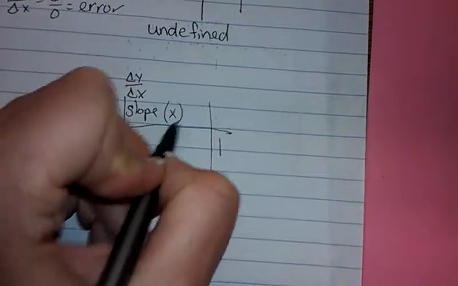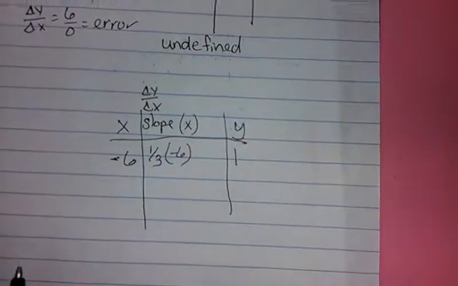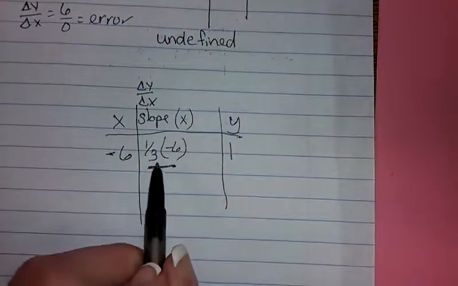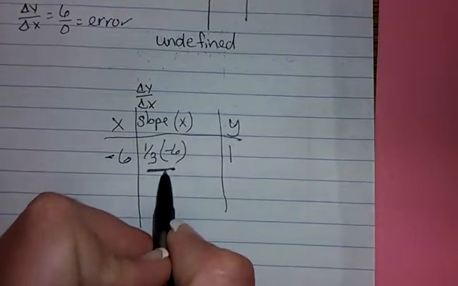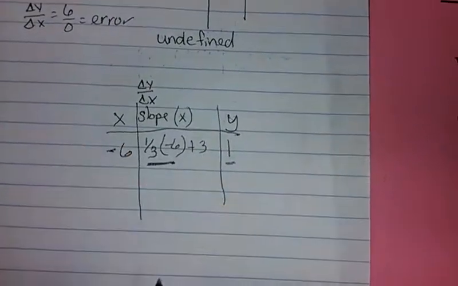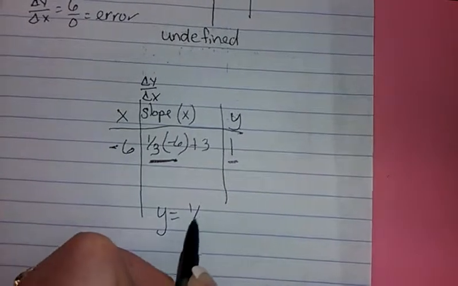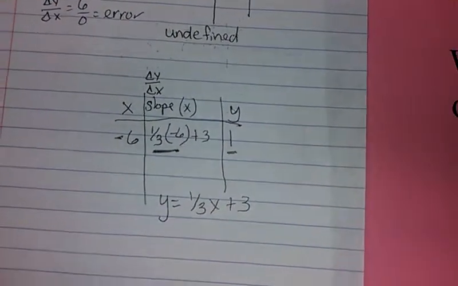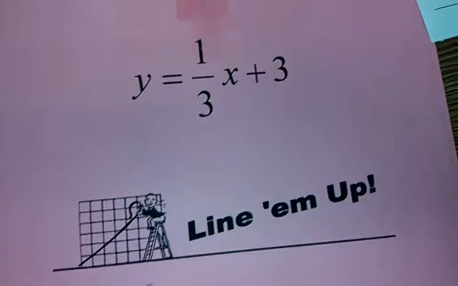So then I multiply it by the x, and it's times -6. When you multiply these together, you get -2. What do you have to add or subtract to -2 to get to +1? You add 3. Y equals 1/3 x plus 3. Now, there's my equation. I found that card.